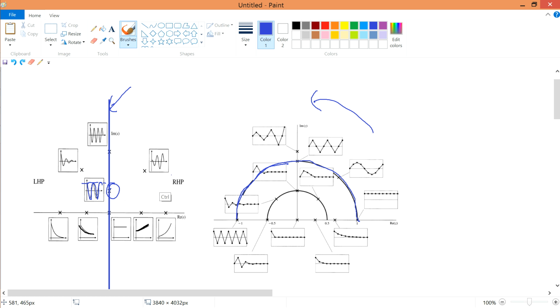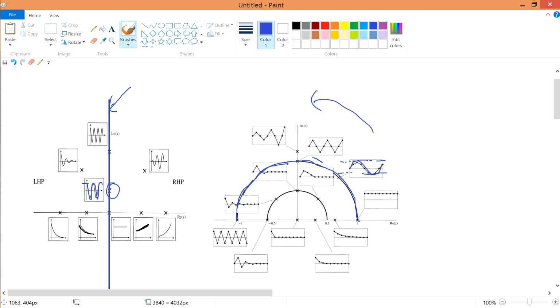As you go out from this point, you're going to plot over here somewhat, although it's not exact. So instead of flat, over here you become more oscillatory, but it's still flat, something like that.